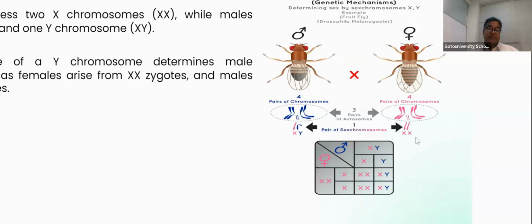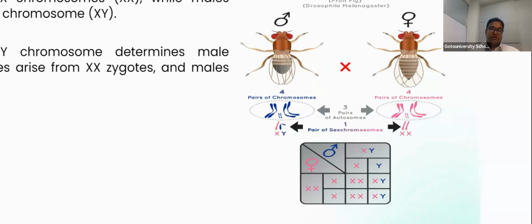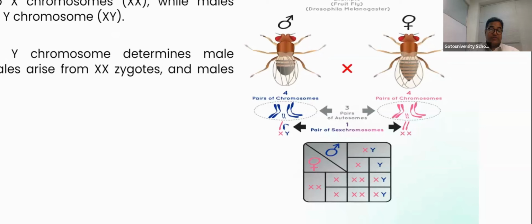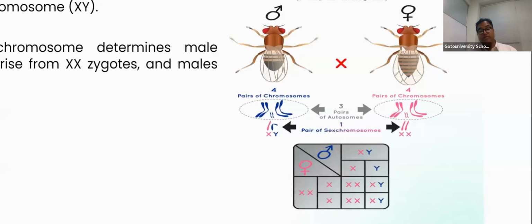This square is called a Punnett square or checkerboard, which explains the chromosome distribution of the various offspring, indicating the phenotypic and genotypic probability. What do you mean by phenotype?